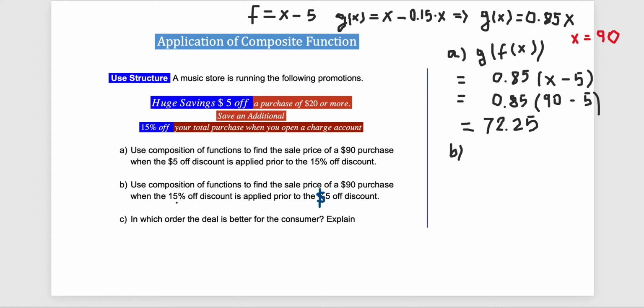Now we go to B. The first one says to apply 15% and then $5. So first we apply the function g of x and then f of x, which means we are going to solve f of g of x.